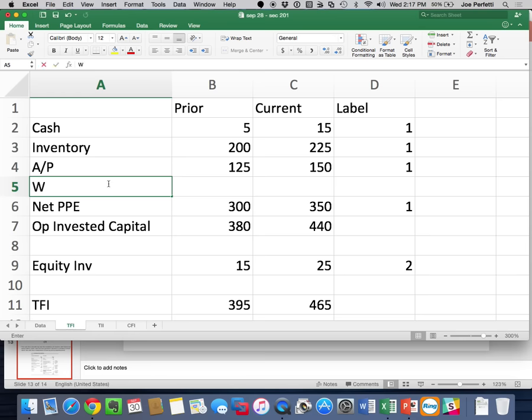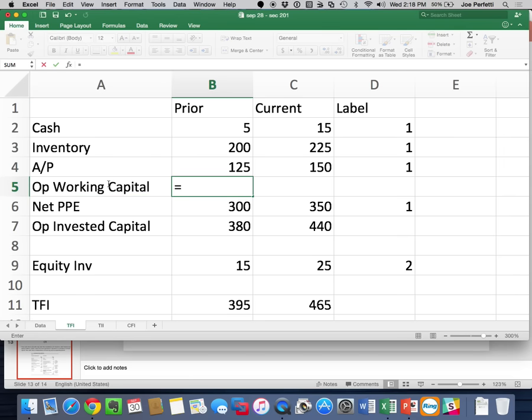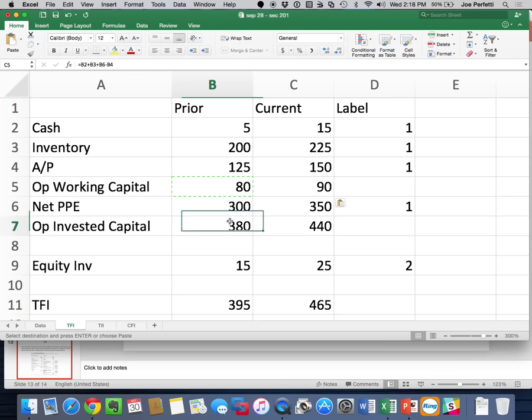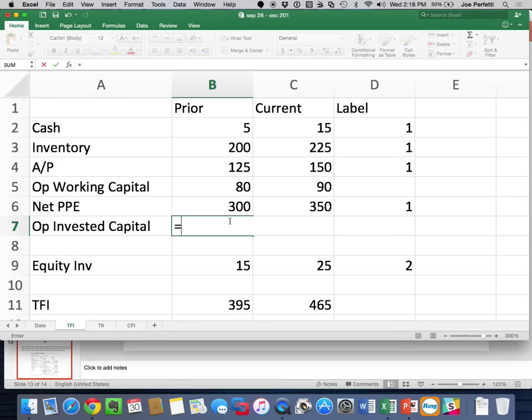And I'm going to basically call this operating working capital. And my operating working capital is my operating cash plus my inventory minus my accounts payable. And then my operating invested capital is my working capital plus my net PP&E.